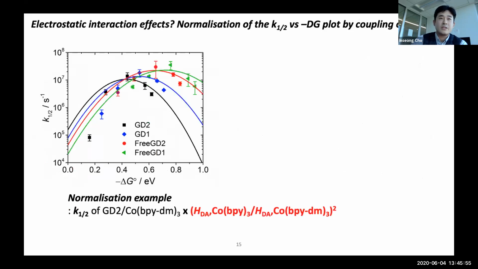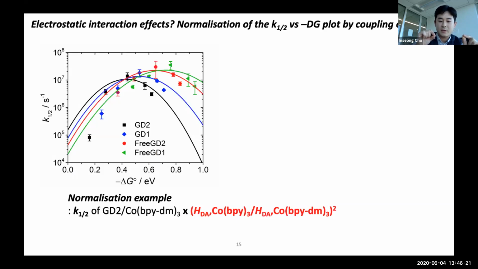So back to the initial hypothesis, whether the electrostatic interaction changes the electronic coupling or not, we did some normalization, because the previous fitting on the porphyrin side wasn't really good. That is because of the different electronic coupling on the cobalt mediator side, which further decreases the electron transfer rate measured.